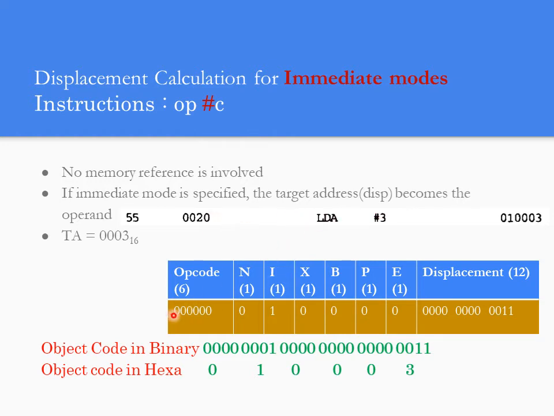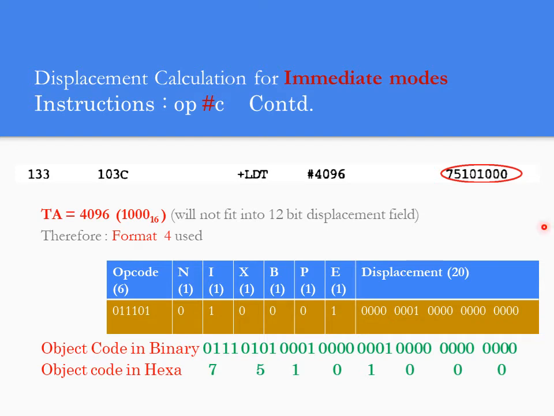For the instruction LDA, the opcode is stored, then it is not indirect, hence the value 0. Since it is immediate, the value 1 is stored. Indexing mode is not used, it's not base relative, it's not PC relative, and it's not format 4. And in the displacement field, the value 3 is stored, 003. So this is the object code in binary and its equivalent object code in hexa, 010003. That's how immediate mode is translated into object code.